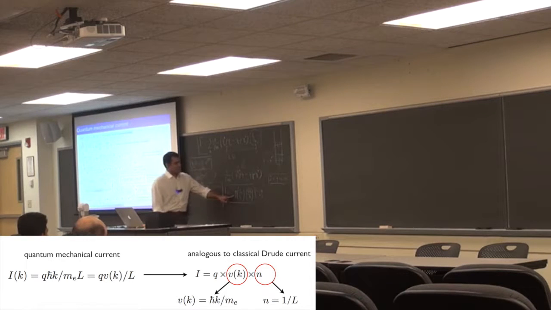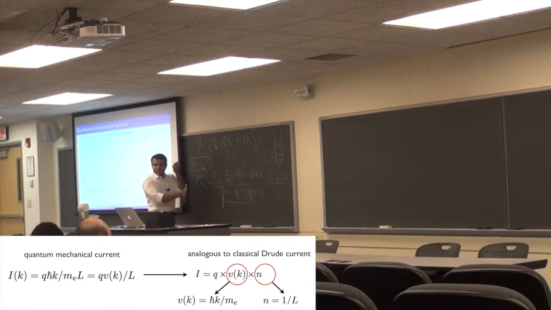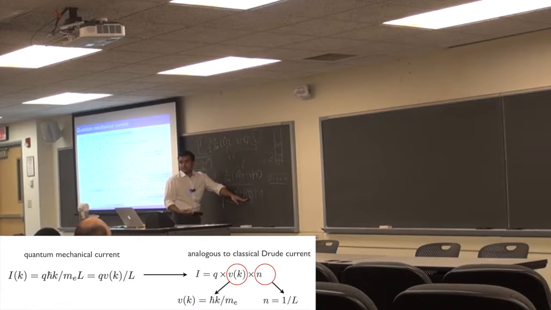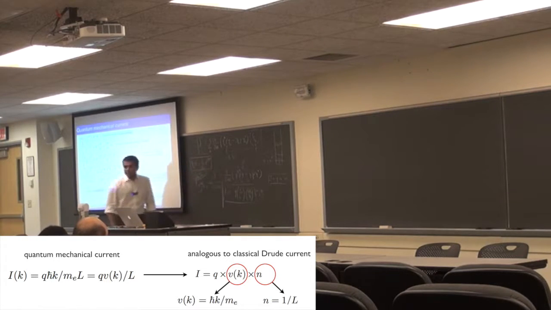And you see it's exactly in that form. This is the charge. I have only one particle in the whole ring, so what is my density? It's 1 over L. N is 1 over L, so this is N. And what is my velocity? It's momentum over mass, right? So does that make sense? So it is in that form. You can see it, right?